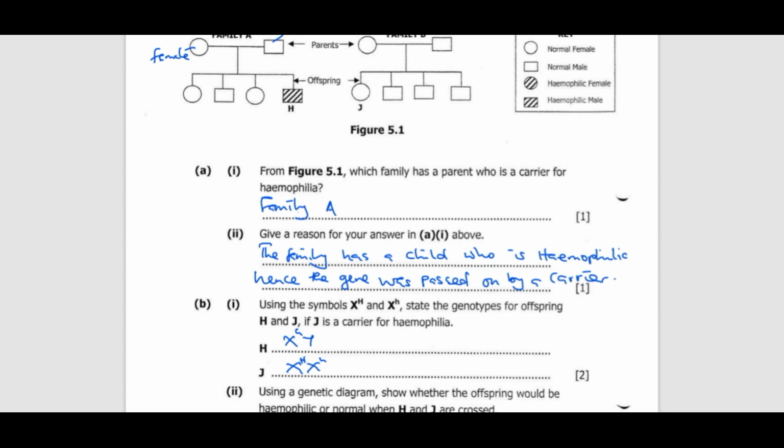So this is a carrier. The capital H is dominant, normal, and the small h is hemophilic.